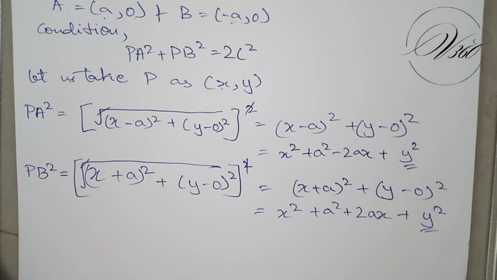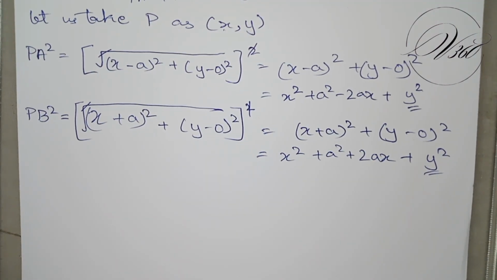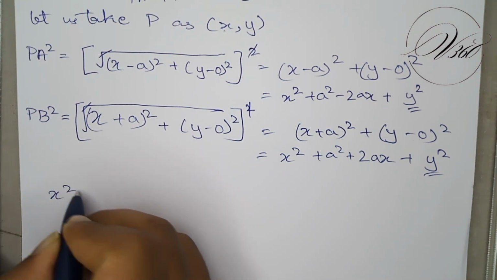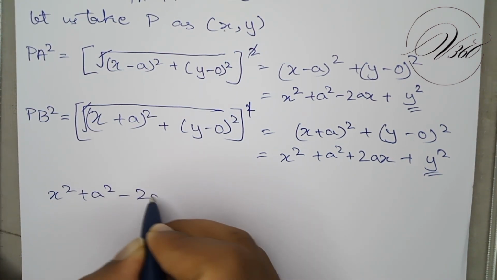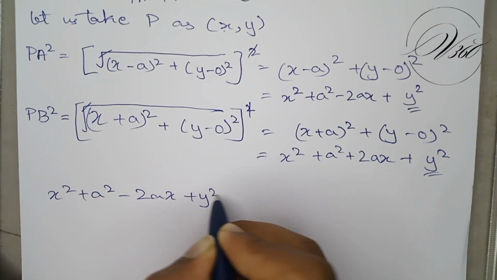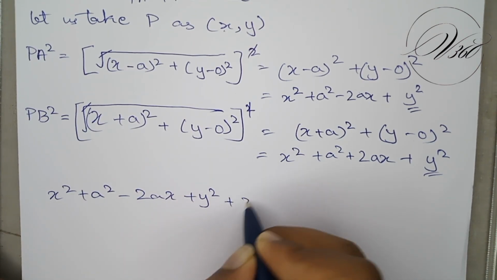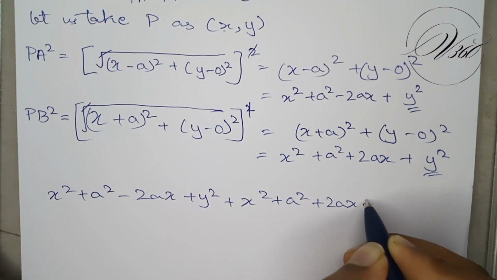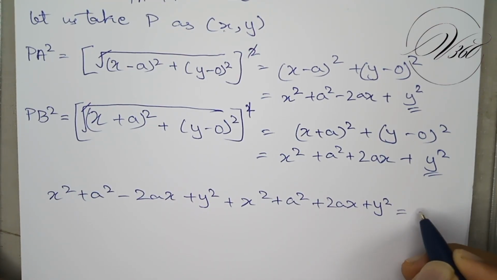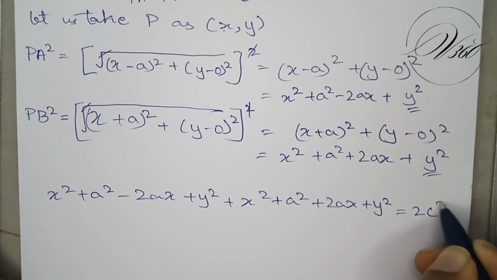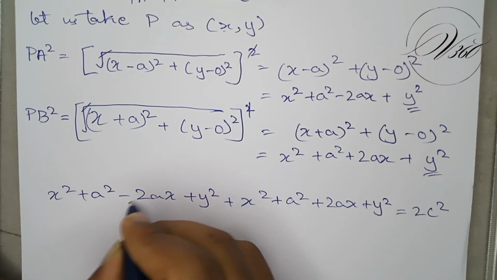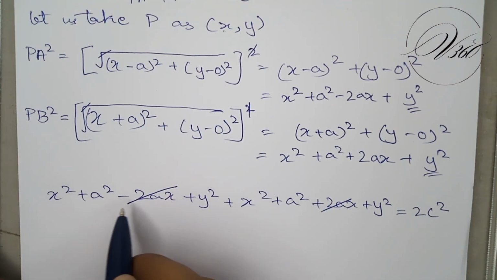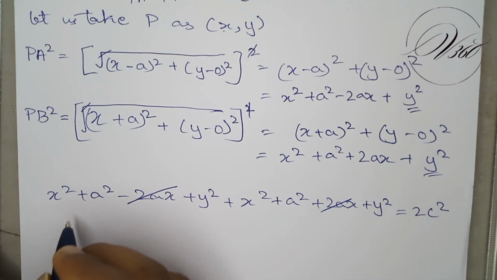Now we will substitute the condition. PA is x square plus a square minus 2ax plus y square. Again here, plus x square plus a square plus 2ax plus y square, which is equal to 2c square. Now here minus 2ax plus 2ax gets cancelled.